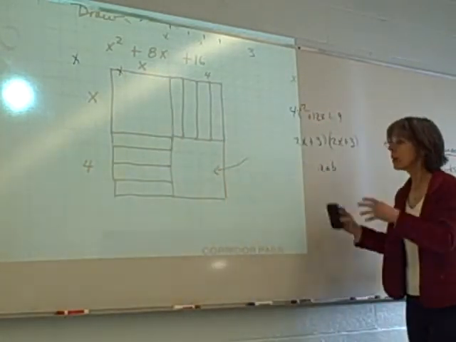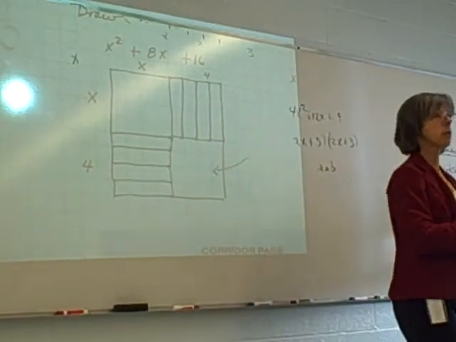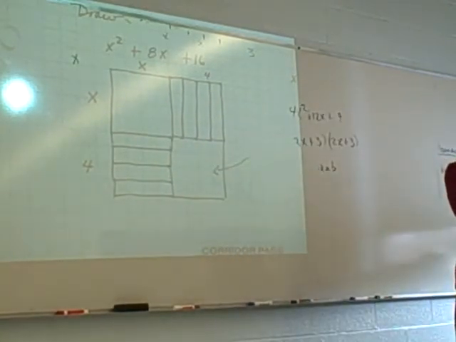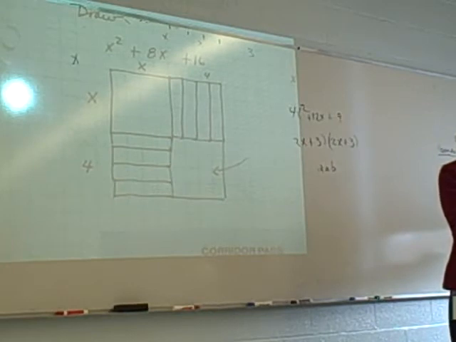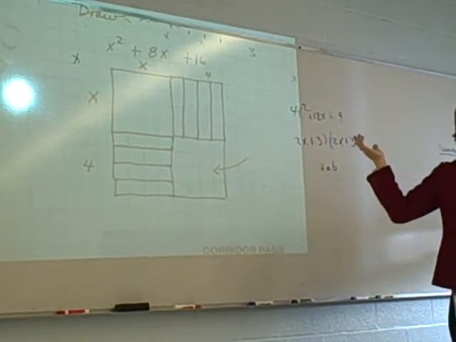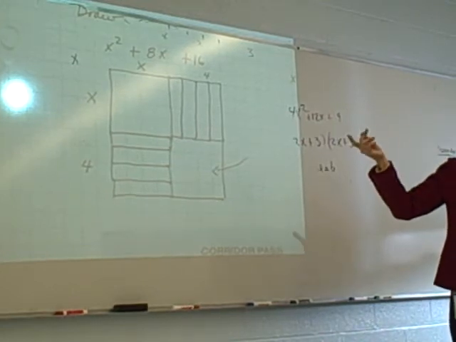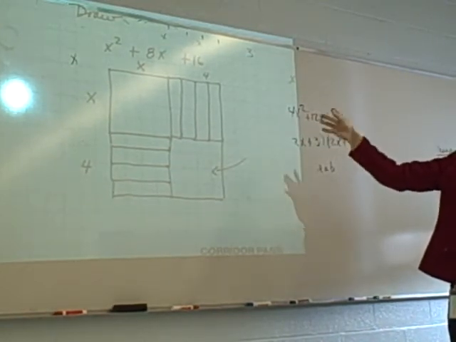I had a square. Now, your goal is to make a square. That's the goal. And so what I want you to look at is that middle term. Is this a square number? My first term is a square, the last term is a square.